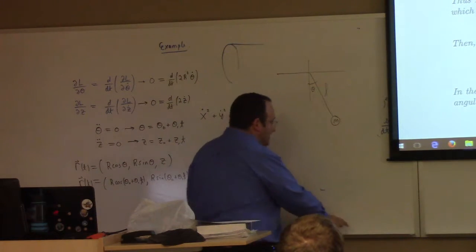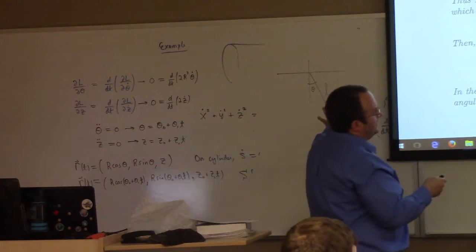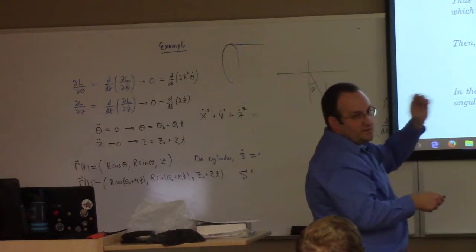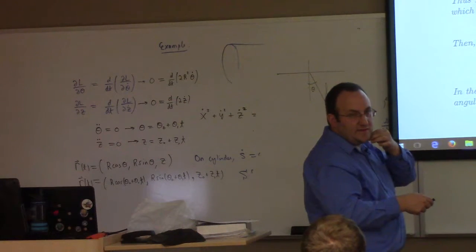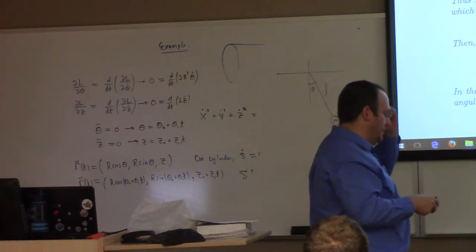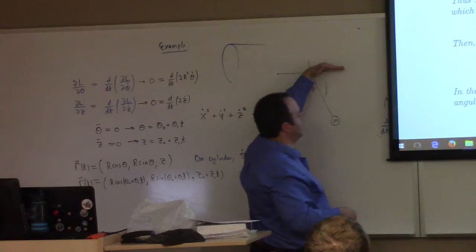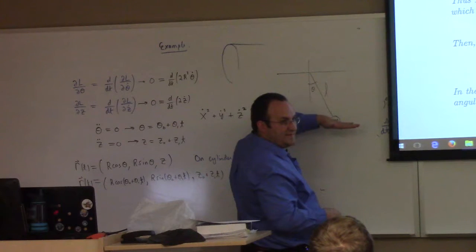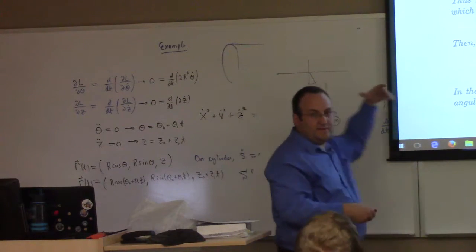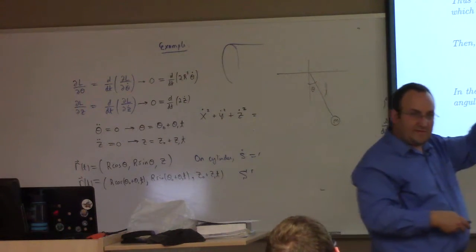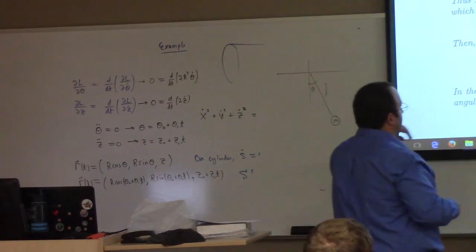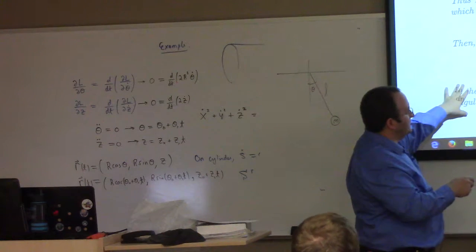With that system of coordinates, the potential energy is minus mgl cosine theta, because I'm saying that potential energy is 0 right here, so it's negative down here. Basically z is equal to minus l cosine theta, which you can see in this picture. But the Lagrangian is T minus U, so that minus cancels the minus and gives you plus mgl cosine theta. And so the Lagrange equations say this.